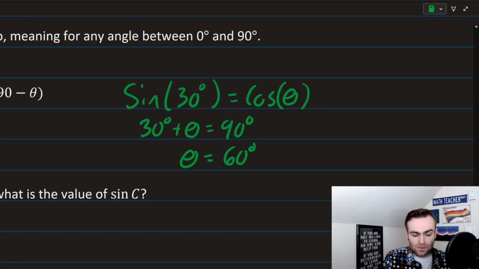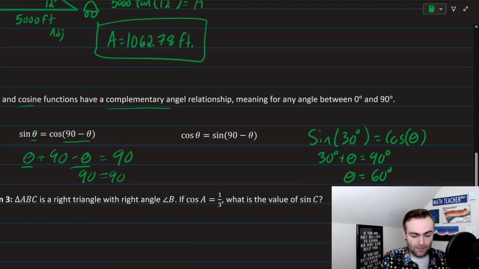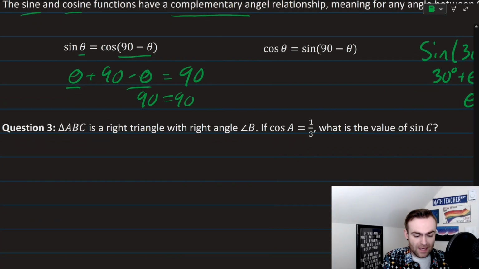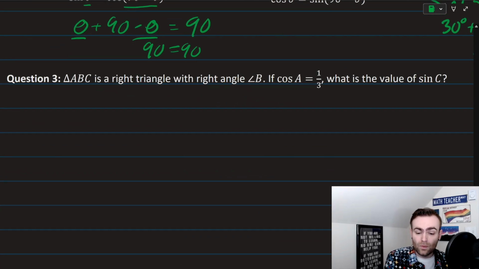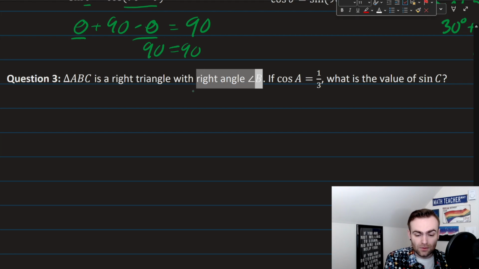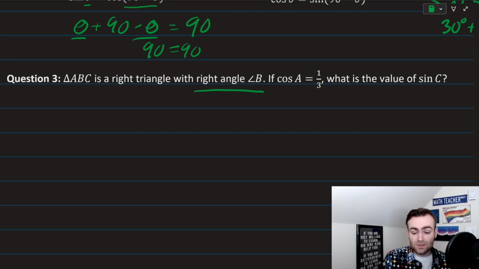So how are we going to apply this here? What kind of problem are we going to solve? Well, if we have a triangle ABC that is a right triangle with B being the right angle, if the cosine of A is 1/3, what is the value of sine of C? Well, let's draw the triangle.